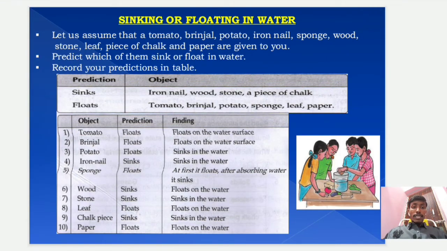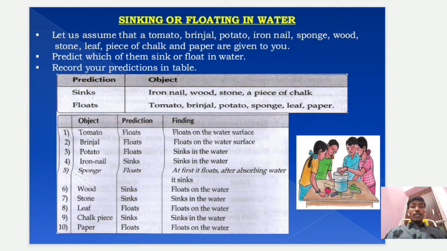Next one, sinking or floating in water. Here we take some materials like tomato, brinjal, potato, iron nail, sponge, wood, stone, leaf, piece of chalk and paper.